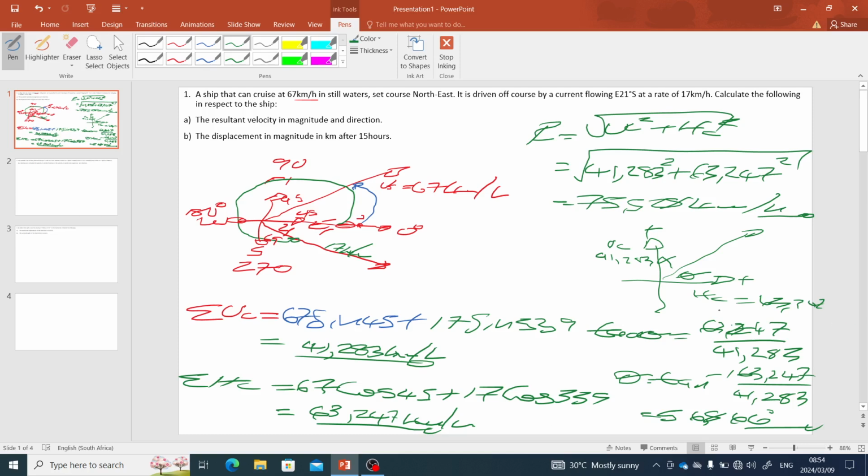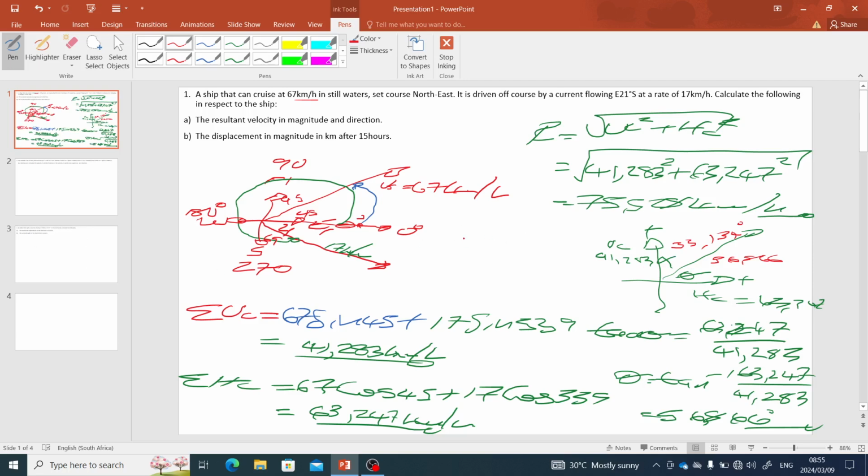Now, this angle that we have calculated here is 56.866. But we know that our quad is made up of what? Of 90. Now, when you subtract that from 90, then this angle is 33.134 degrees. Then you ask yourself, my resultant, is it close to east or is it close to north? It is close to north.